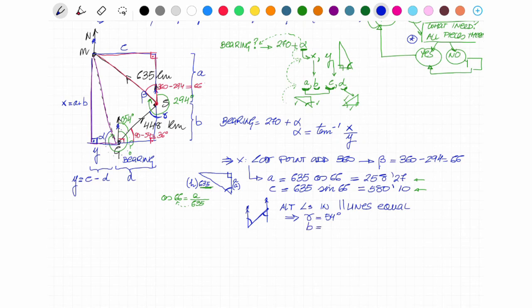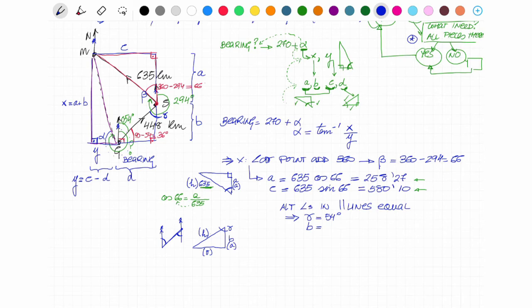With that, I can get B. Let's move things so things are a bit tidy. So from this triangle, if this is gamma and I want B, which is this one here, and I've got the hypotenuse, this is going to be the adjacent, this will be the opposite.